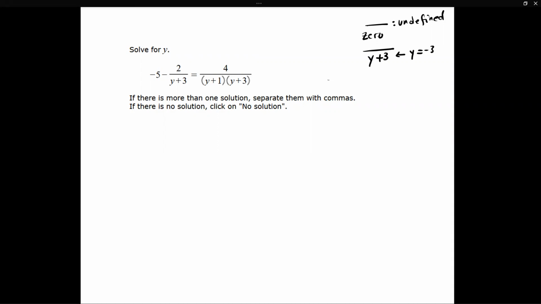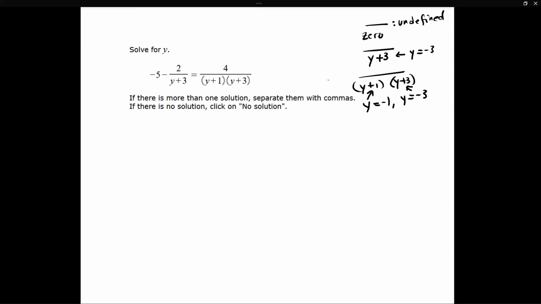So negative 3 is not wanted as a solution. If you look at y plus 1 and y plus 3 and you do the zero product property, when you set y plus 1 equals 0, you get y equal negative 1. When you set y plus 3 equals 0, you get y equal negative 3. So these two numbers are not desired here because they make this undefined.